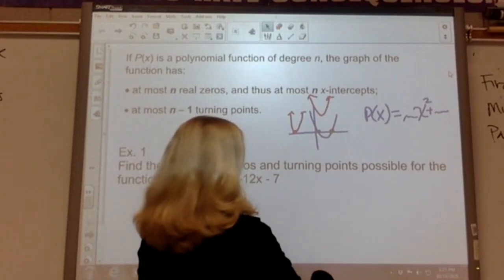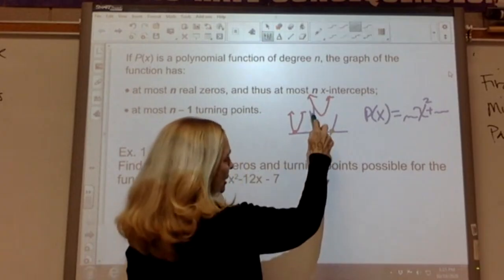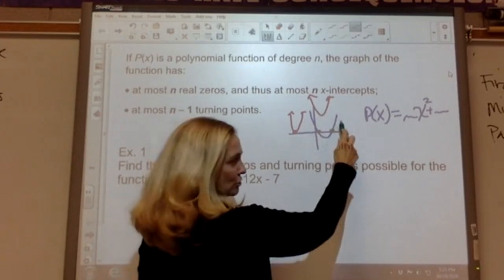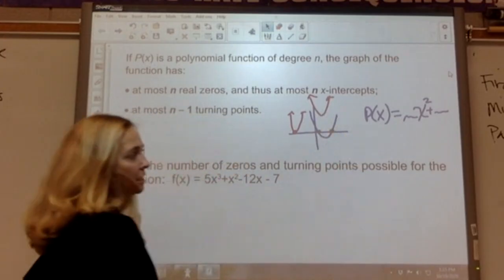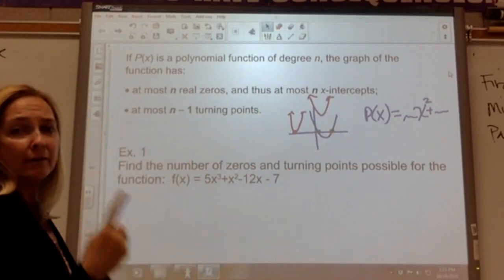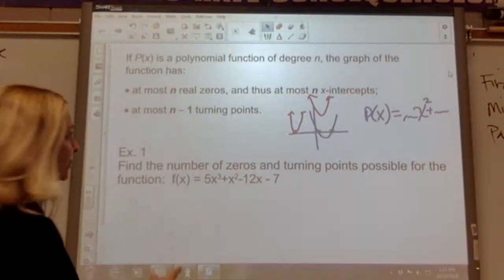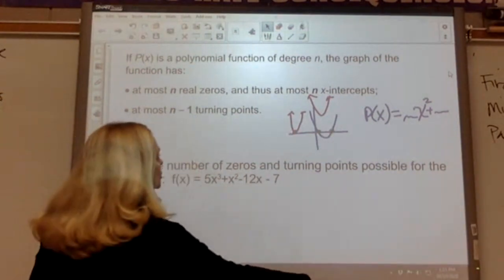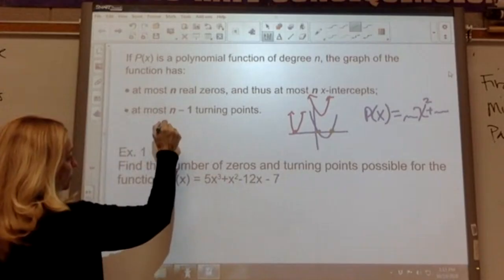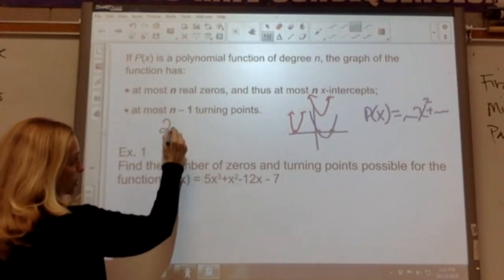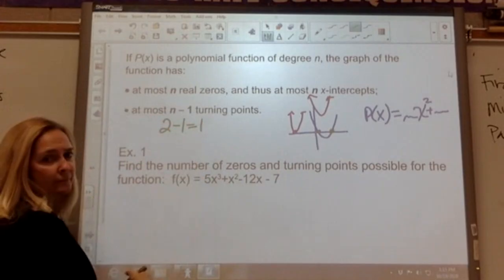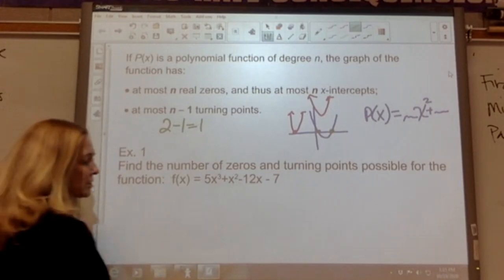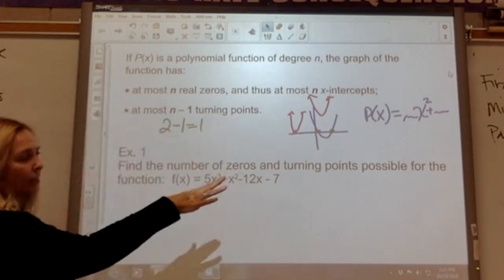How many turning points does it have? 1. It comes down, changes directions, and goes back up. So if the degree is 2, it's going to have at most 1 turning point. You get that by taking the degree, which in this case was 2, minus 1, and we get 1. These are really easy questions, but I want you to understand the concept of what it's saying.